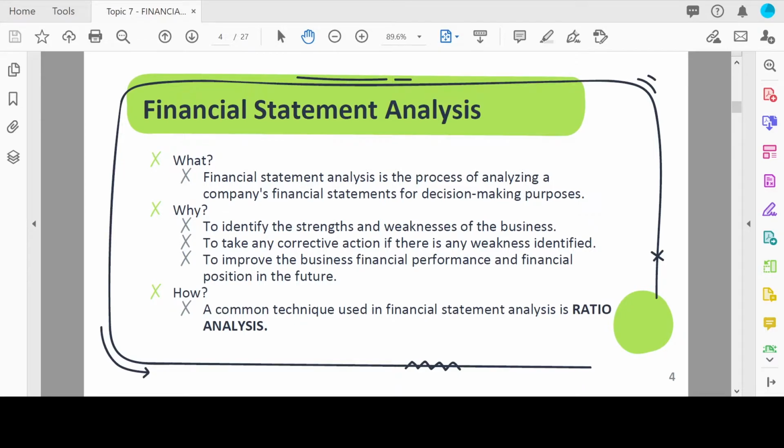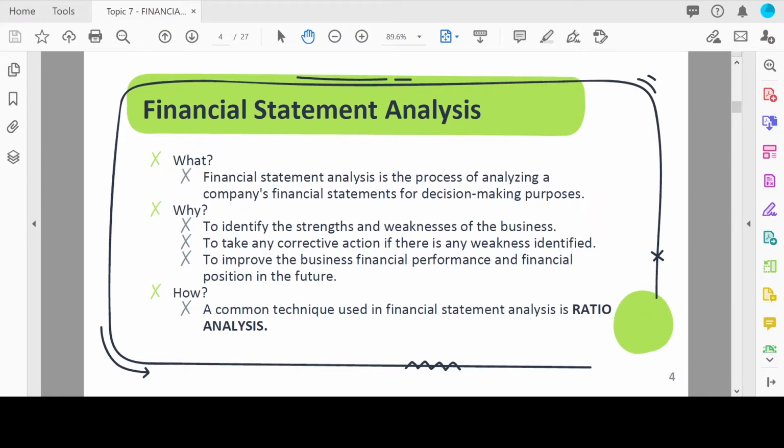So it is important that we identify the weakness, because we need to plan, or we need to take any corrective action. We need to do something about that. We did not simply leave it as it is, because we need to improve our business financial performance and financial position in the future.